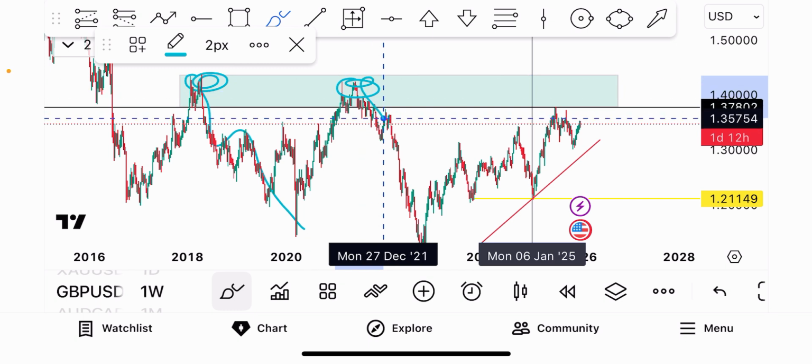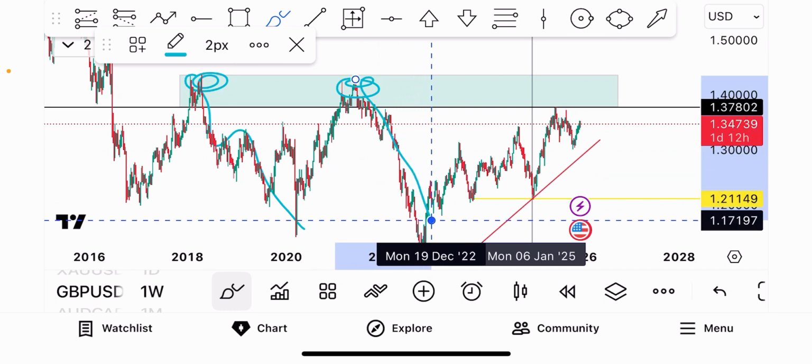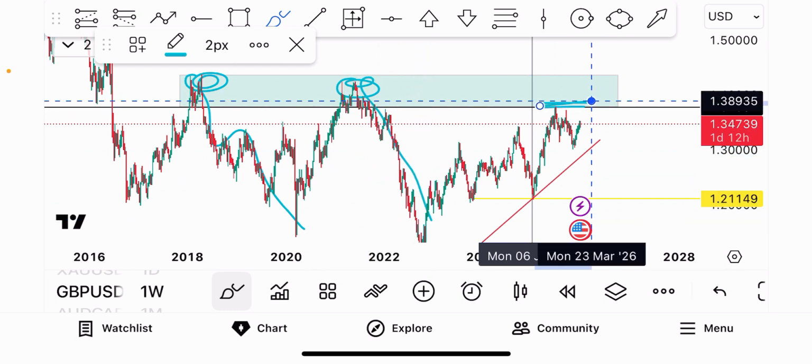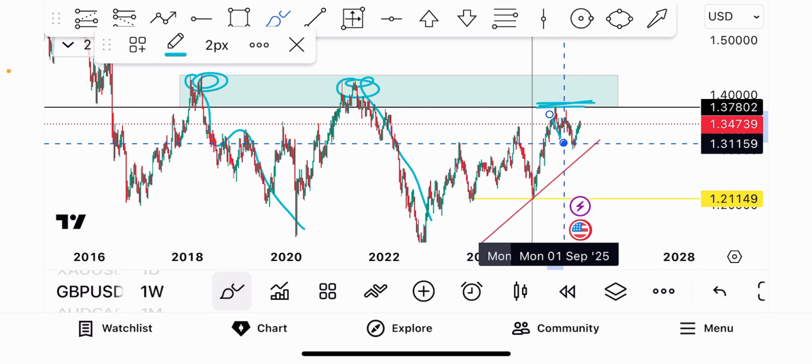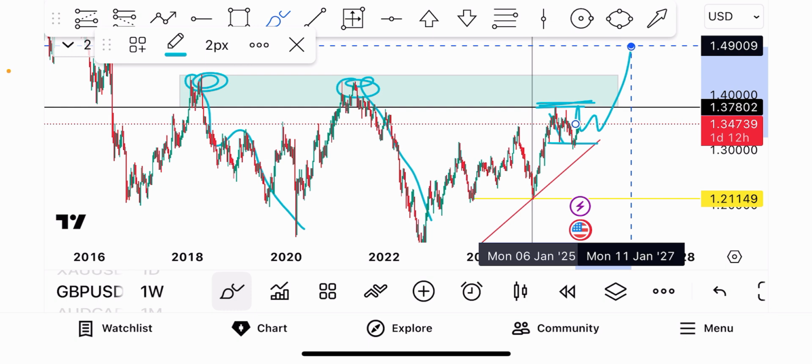Also, price reacted at that level, and this year price approached close to that level, made a little pullback and also rebounded. So possibly price is accumulating to break above that level.